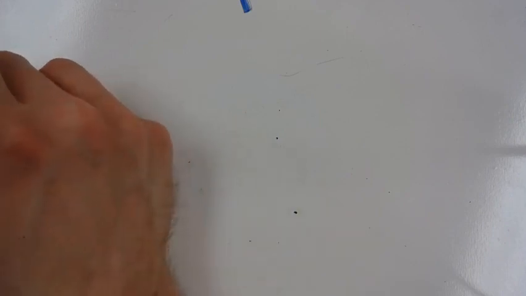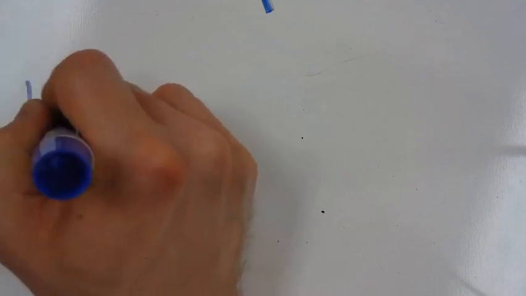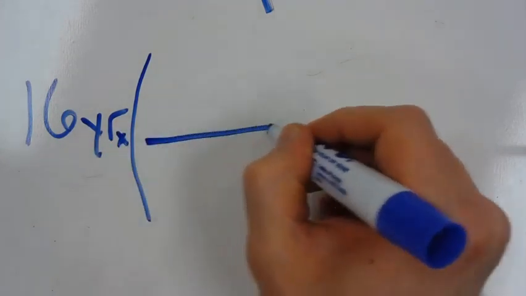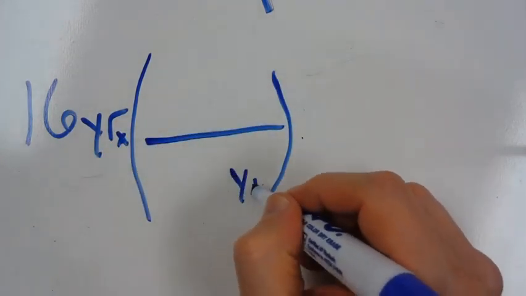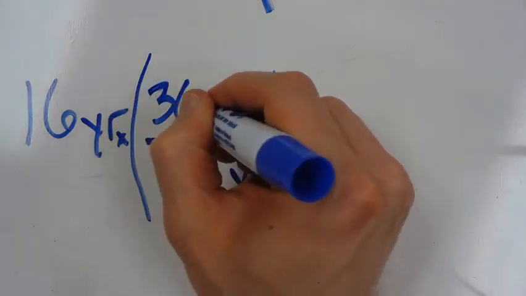Okay, so if we say that you are 16 years old, oops, get you on screen here. Let's say that you're 16 years old. Well, the first thing that I would want to convert to as we multiply, I know that in 1 year, it's 365 days.